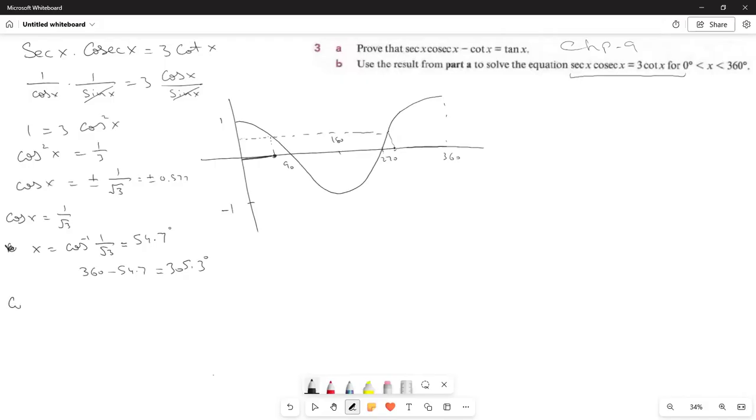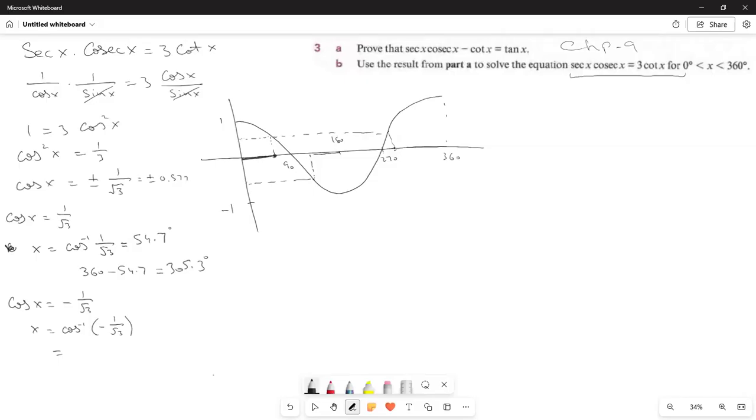Okay, next is cos x is equal to negative of 1 over under root 3. So x is equal to cos inverse negative 1 over under root 3. And this will give me, you see, negative is here, somewhere here. So it will give me this value, right? And whatever it is away from here, it is the same from here.